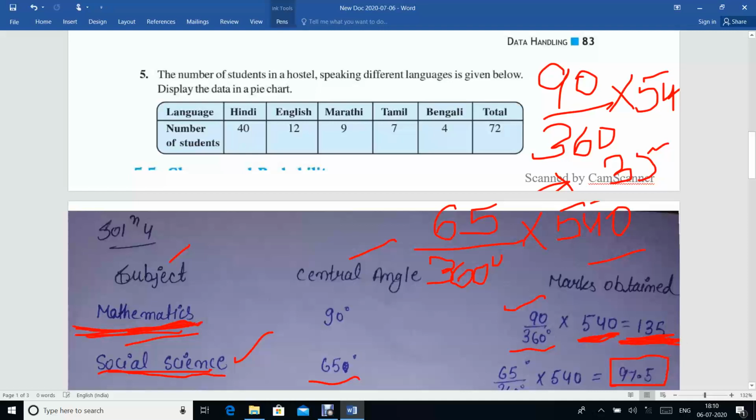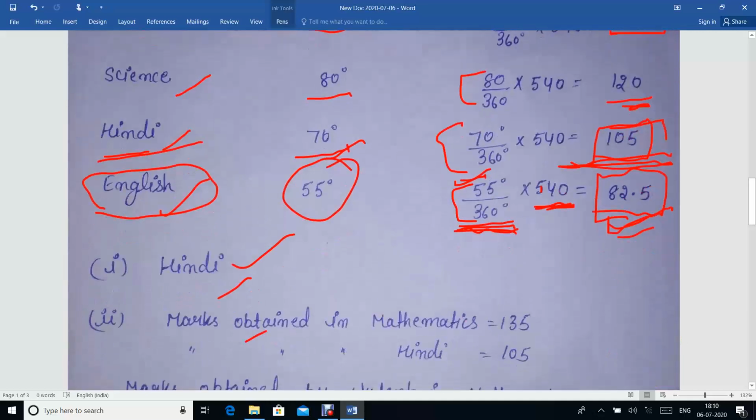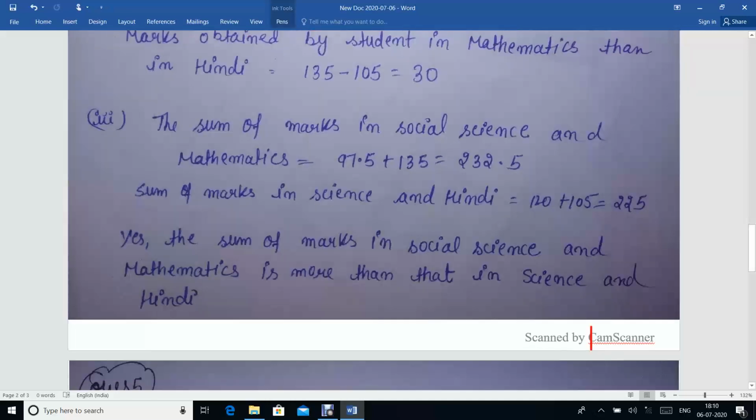So you can find the difference between the mathematics marks and the Hindi marks easily. Marks in mathematics are 135 and marks in Hindi are 105. So you have to subtract 105 from 135, means subtract the marks of Hindi from the marks of mathematics, and after subtracting you will get 30.